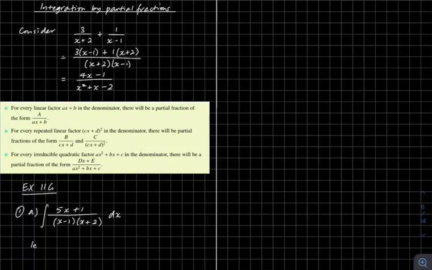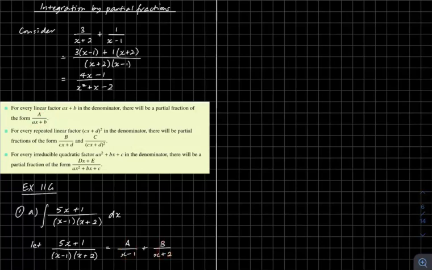So let's let that rational function be equal to partial fractions of the form a over x minus 1 plus b over x plus 2. So that's really just taking note of this one here, that for every linear factor in the denominator, there'll be a partial fraction of that form there.